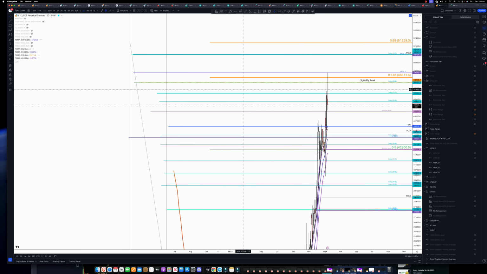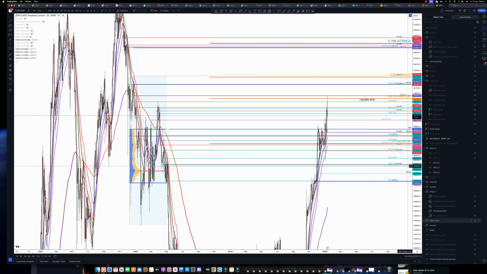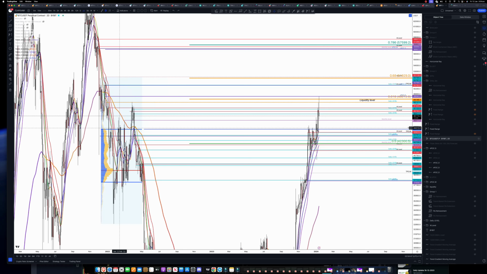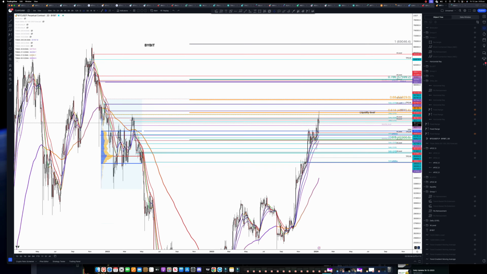That was our point of value area high, and that was our main resistance for a while. Okay, so that had 1, 2, 3, 4 attempts to break before it broke up, and then you can see the rejection. So that was the reason why we had that level as a resistance.